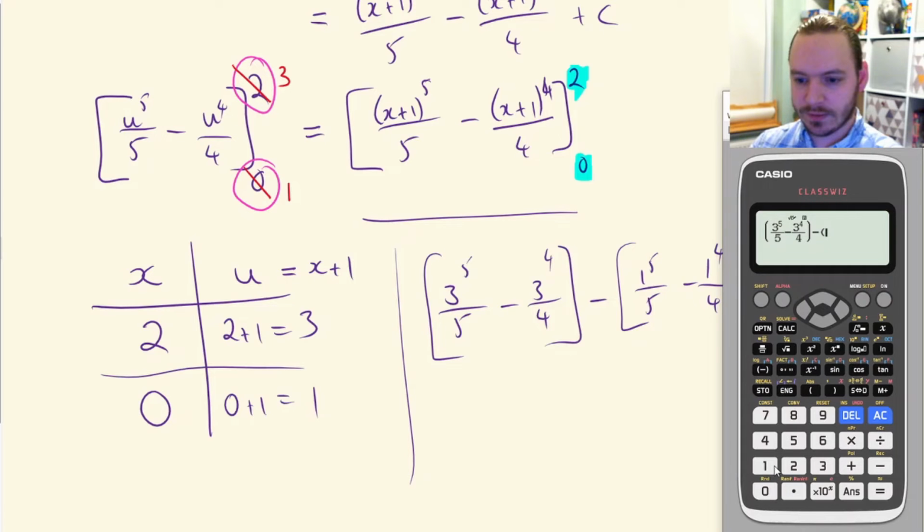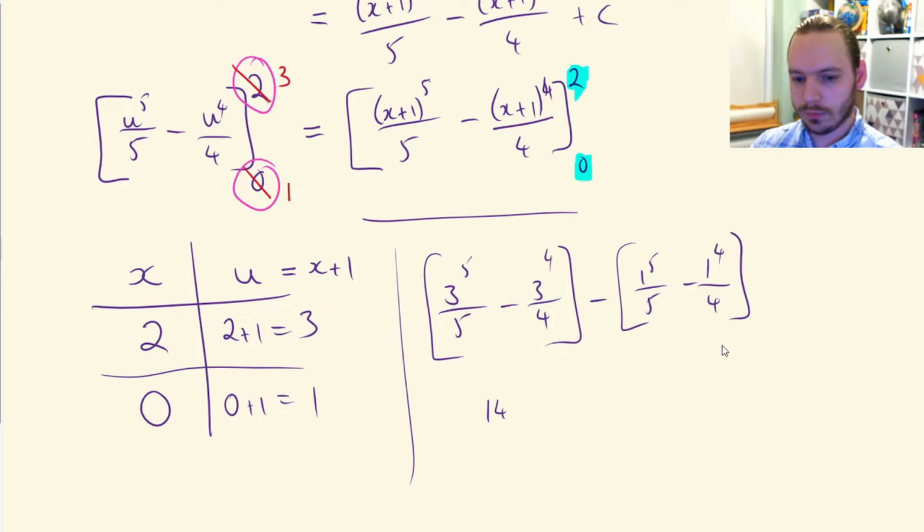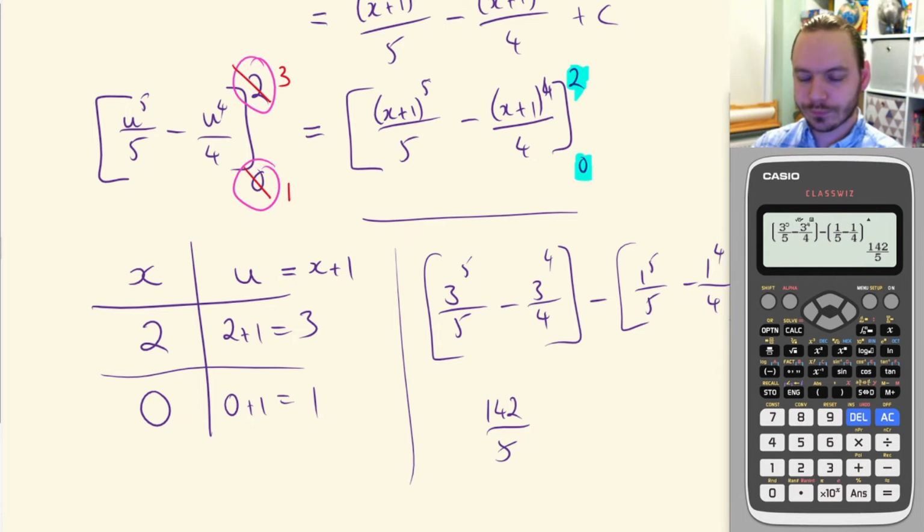Minus, big brackets, 1 over 5 minus 1 over 4. And we get 142 over 5 as our final answer. There's no big surprises there. And we could obviously have also substituted those values into the x version and we'd have got the same exact thing.